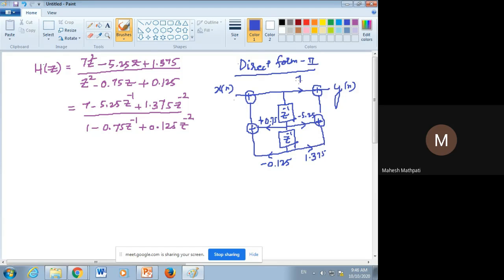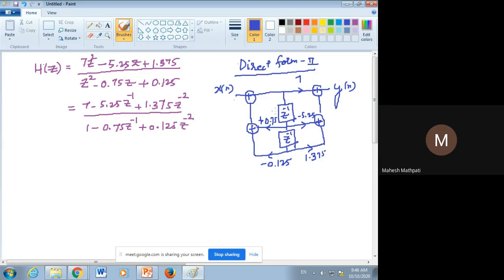Now how do you write this? This part will be our input portion and this will be our output portion. Now suppose if I want to write the equation for this part, first we will write the output portion.